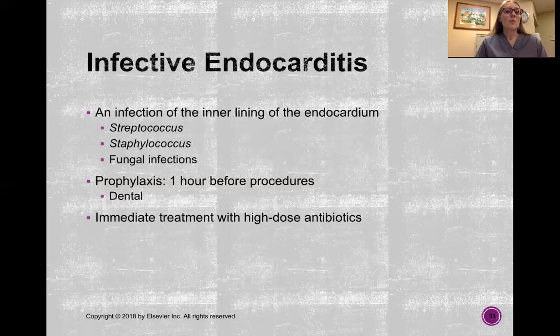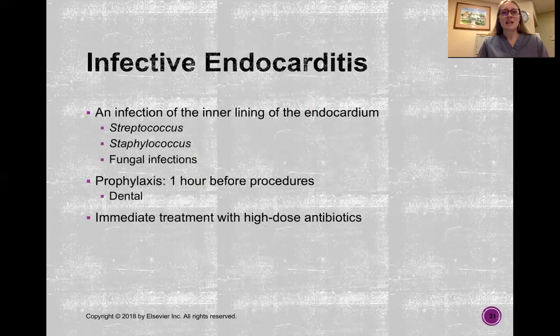So one thing that we want to be aware of as well is infective endocarditis. Kids with cardiac defects are at an increased risk of endocarditis. Any cardiac defect is at an increased risk.